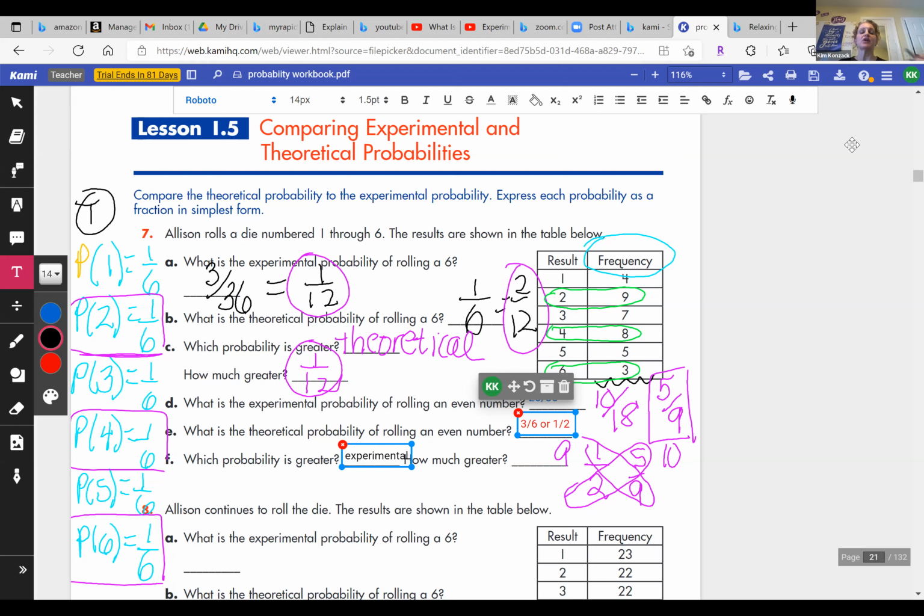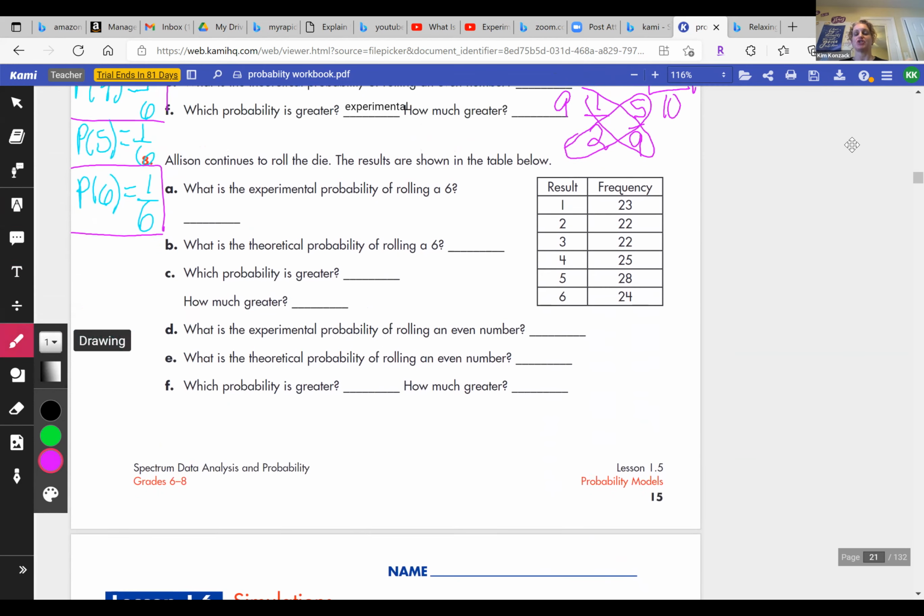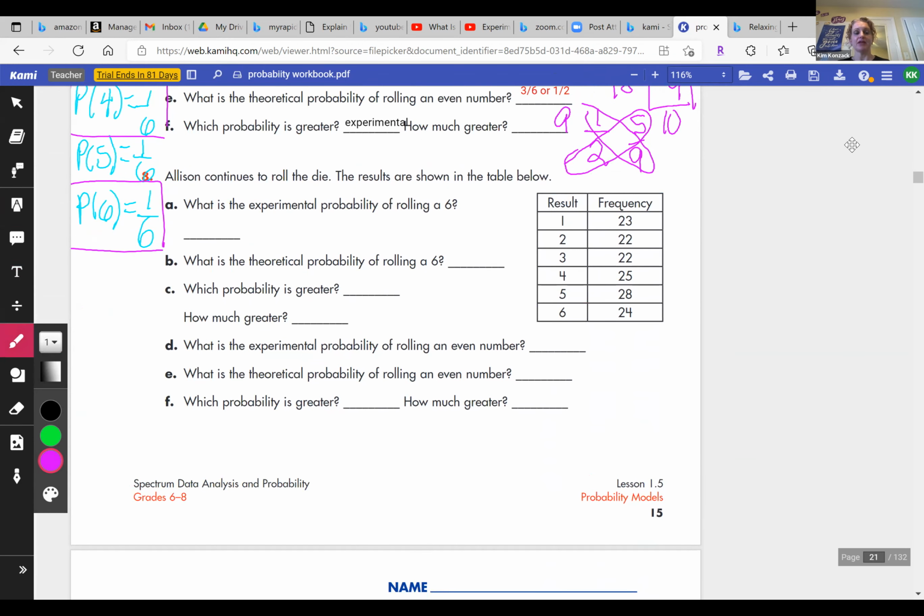Whatever makes you happy, because I'm not going to be a judge of how you learn that math. So 5/9 minus 1/2. I'm going to get a common denominator of 18.